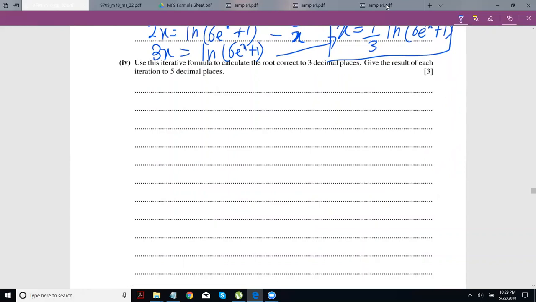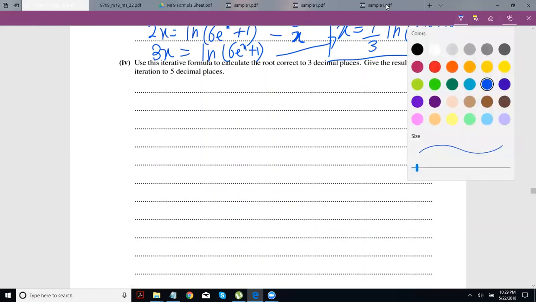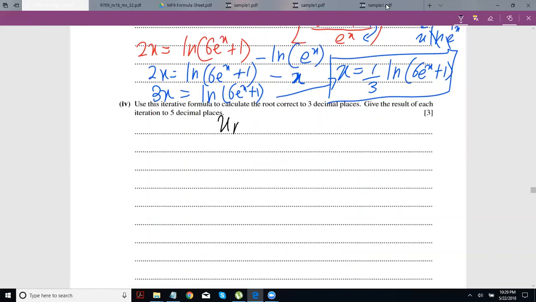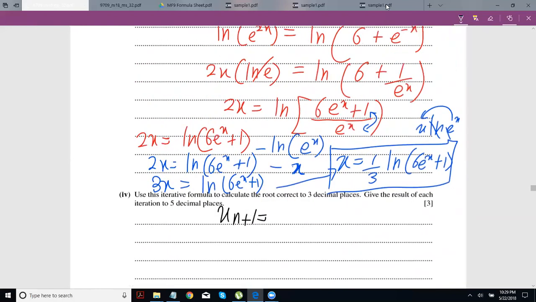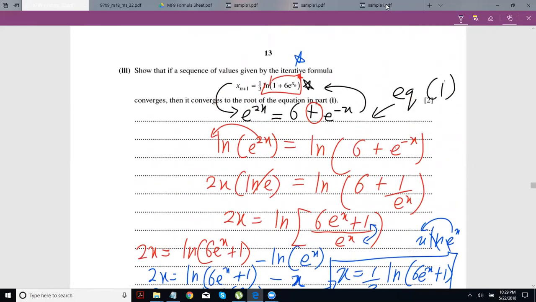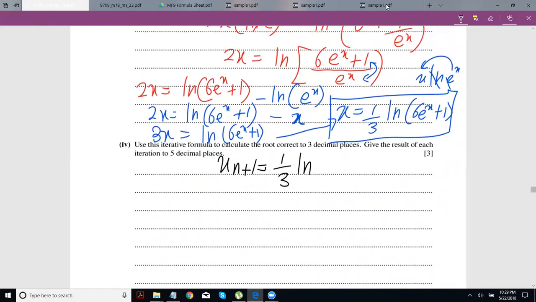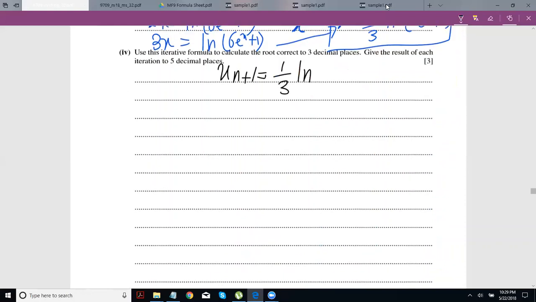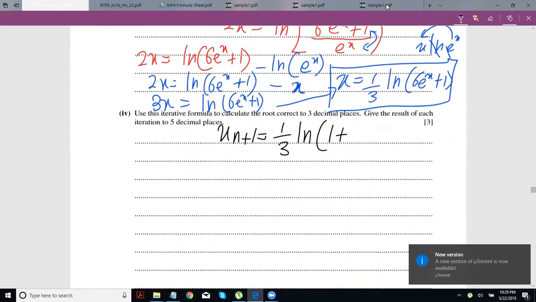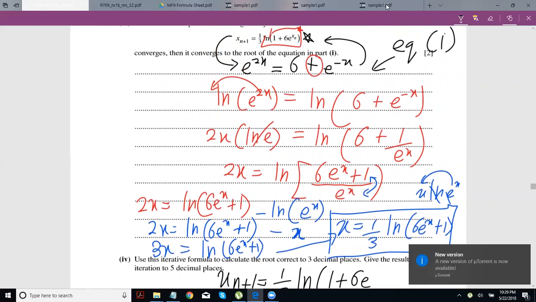Give the result of each iteration to 5 decimal places. So what you're basically going to do is keep putting it inside the iterative formula until you get two corresponding values of x that are identical to 5 decimal places. That's what you're looking for.